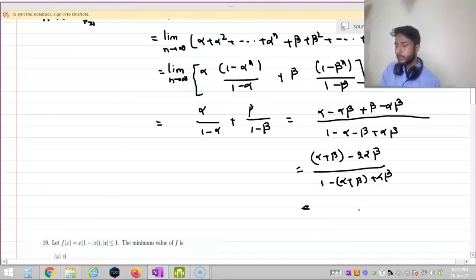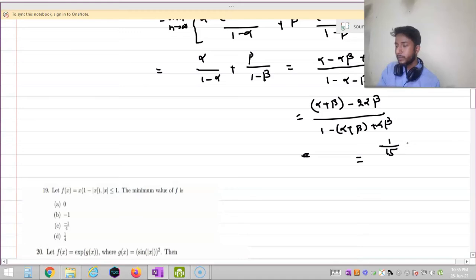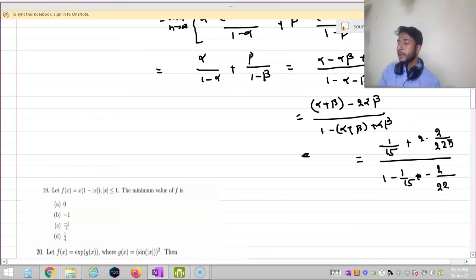Okay, the value of this term is 1 by 15 minus 2 into (minus 2 by 225), so it becomes plus, divided by 1 minus 1 by 15 plus (minus 2 by 225).